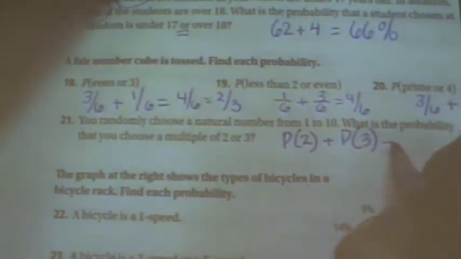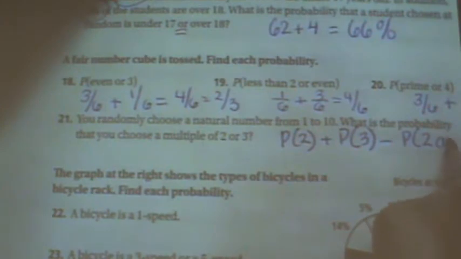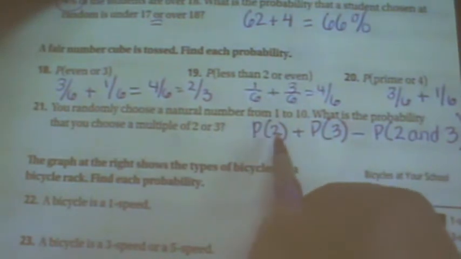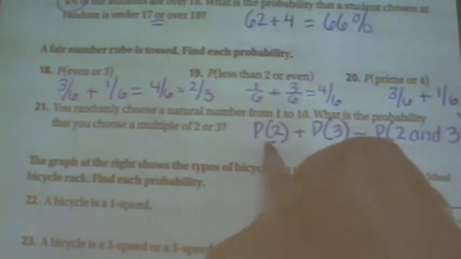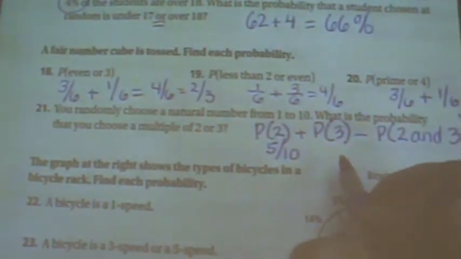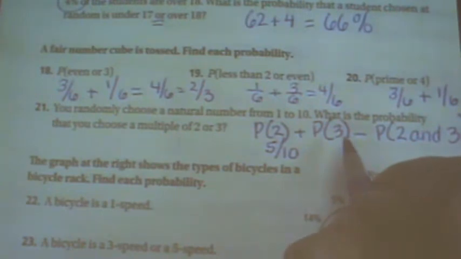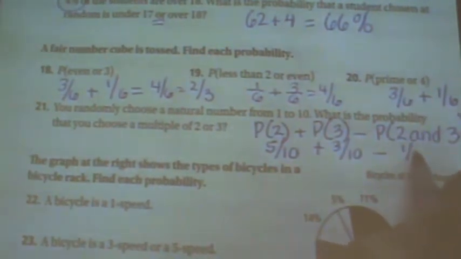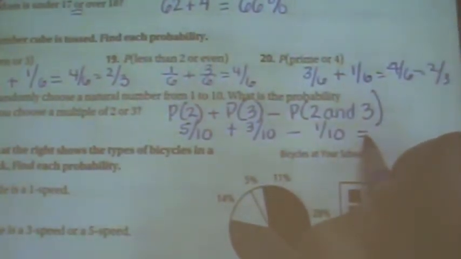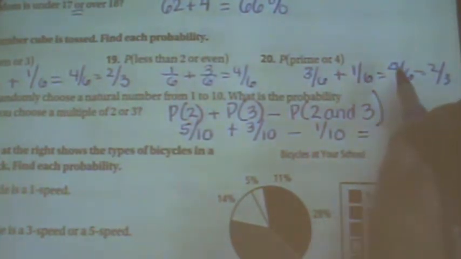So this one is inclusive. So how many numbers from 1 to 10 are multiples of 2? We have 2, 4, 6, 8, 10. So 5 out of 10. How many are multiples of 3? 3, 6, 9. And how many are multiples of 2 and 3? 1. Only 1. So what's this answer? 7/10. Yep, 7 tenths.